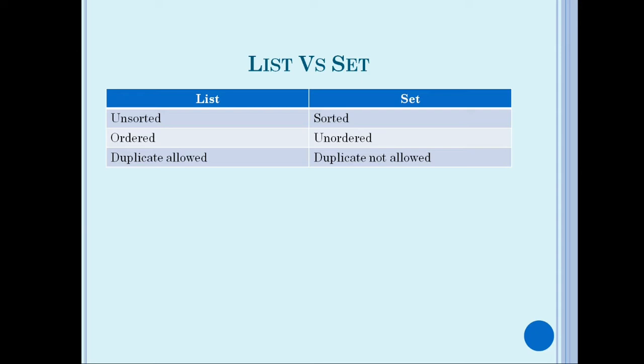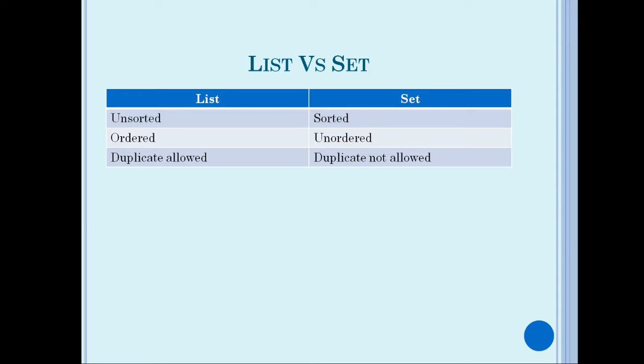So the order will not change. Ordered means when you add at index 0, index 1, index 2, index 3, because they are unsorted, their order will not change. So they will be ordered elements, and duplicates are allowed in the list.